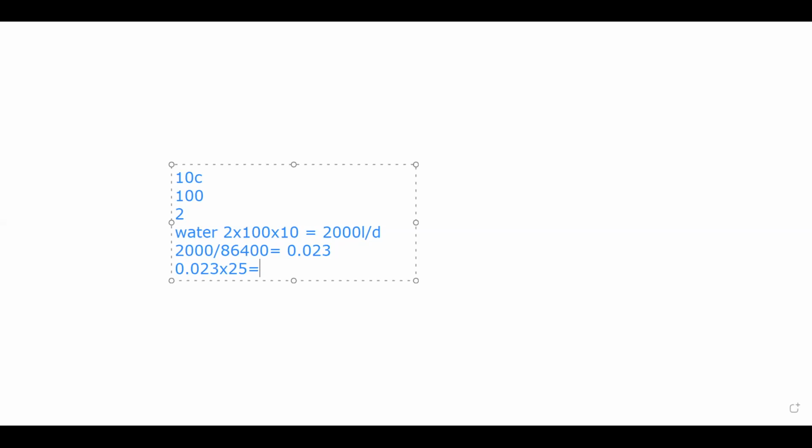Can somebody help us out with that? Okay, I'm there. 0.023 times 25 houses will give me 0.575, so 0.58. Liters per what? Seconds. So this is liters per second. It is the flow, so if I bust the pipe and measure the discharge, this is what I should be seeing.